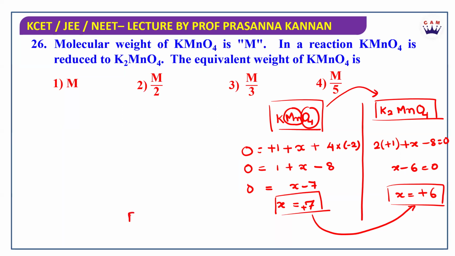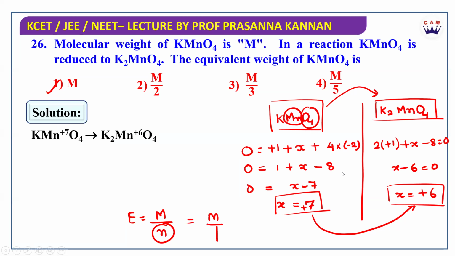Your equivalent weight will be your molecular mass divided by that number, the number of electrons lost or gained, or the change in oxidation state. How much is the change in oxidation state? 1. Therefore, what will be the equivalent mass? Molecular mass. Clear, Enoch? Yes, sir.